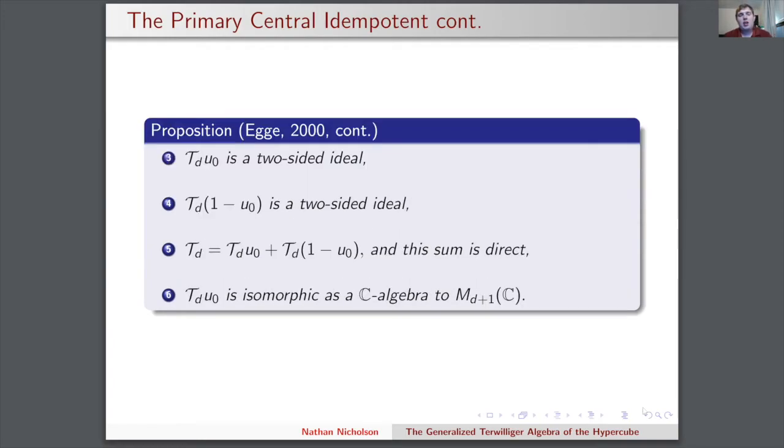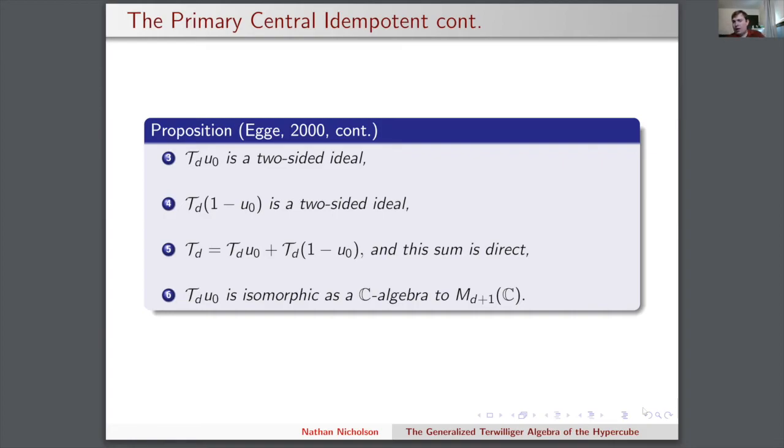And then these are very important right here. TD U naught is a two-sided ideal. TD (1 minus U naught) is a two-sided ideal. And then we can write TD as the direct sum of these ideals. And then lastly, TD U naught is isomorphic as a C algebra to M_{D+1}(C).